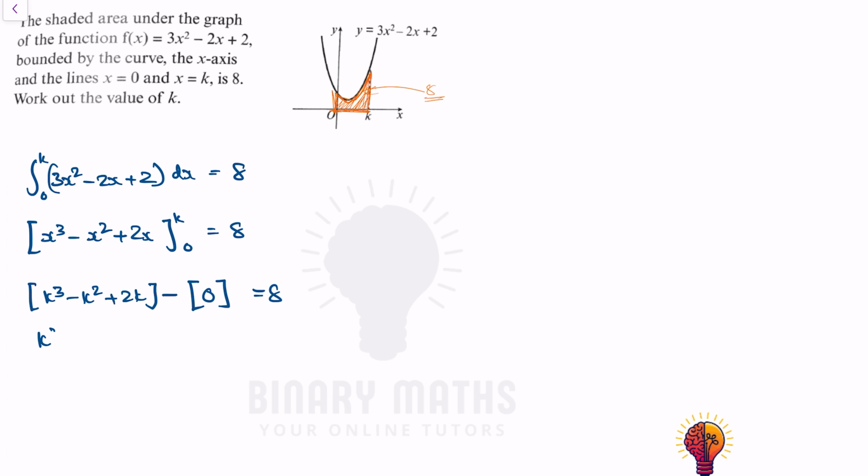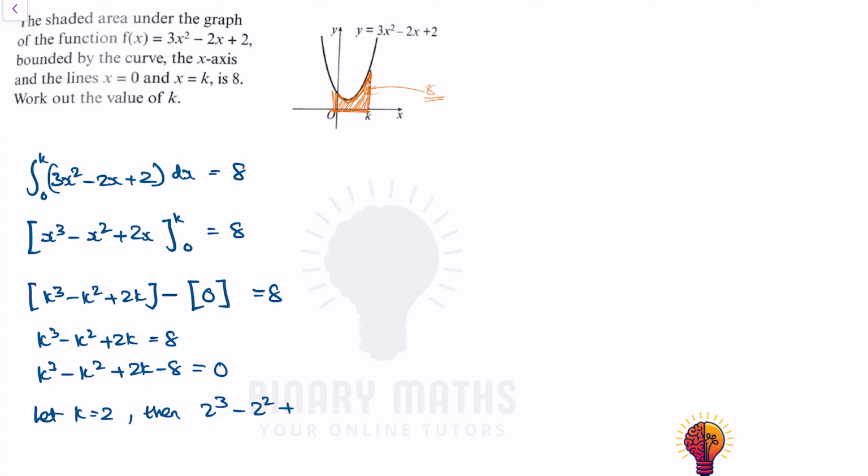So k cubed minus k squared plus 2k minus 8 equals 0. Let k equal 2: 2 cubed minus 2 squared plus 2 times 2 minus 8 is 8 minus 4 plus 4 minus 8, which is 0.